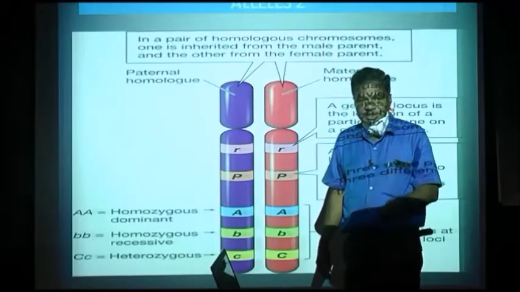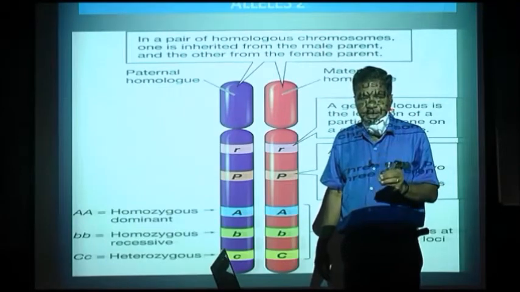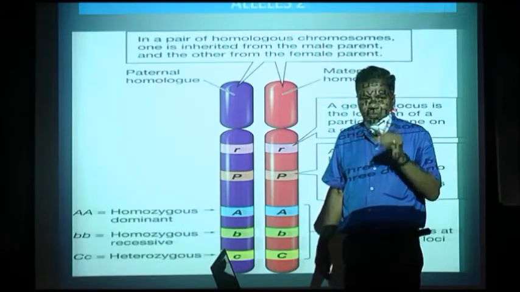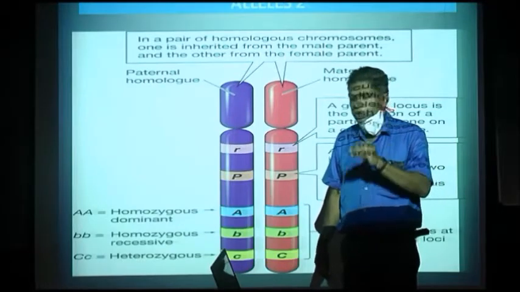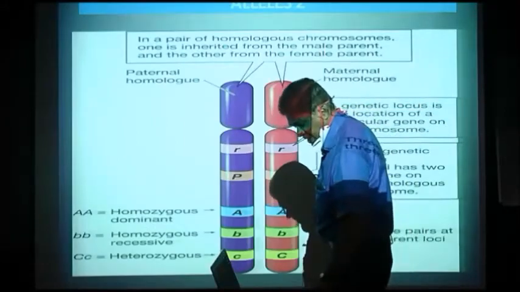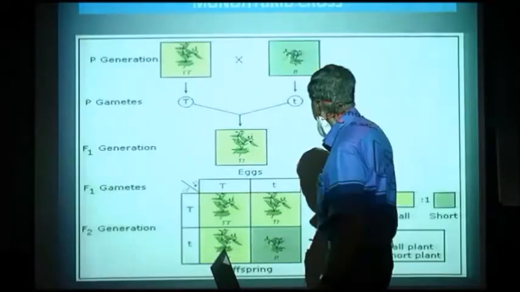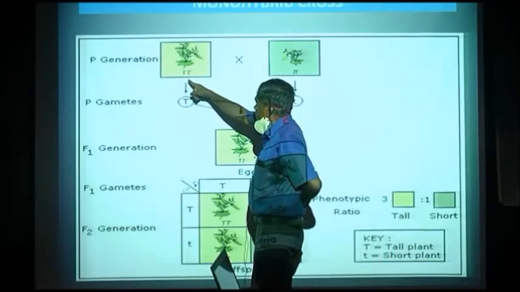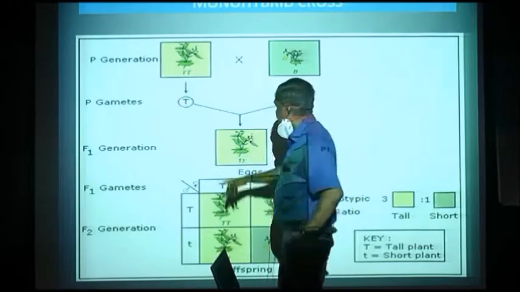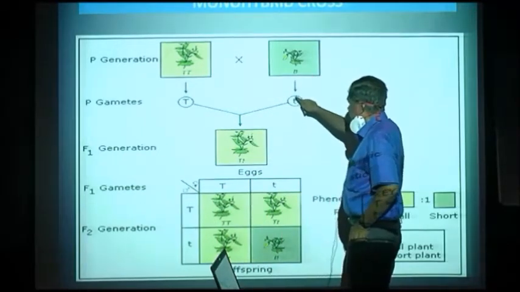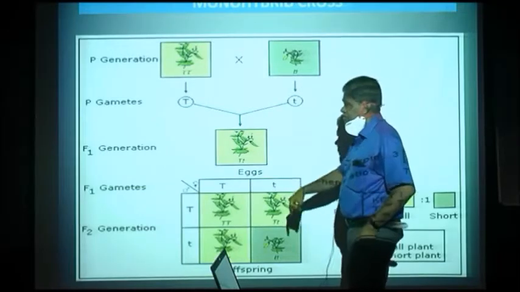Now, Mendel said that when there is dominance, you get 3:1 phenotypic ratio and 1:2:1 genotypic ratio. Let us go back here. This is tall, capital T in pair. Here tall is expressed, and here small t, and this is dwarf expressed.